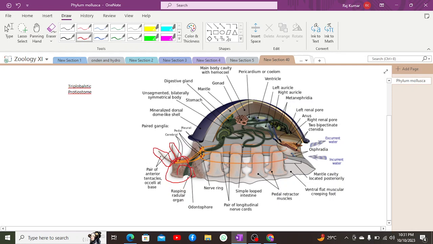In the mouth there is a rasping organ, a tongue-like structure known as the radula, which is used to scrape the food.